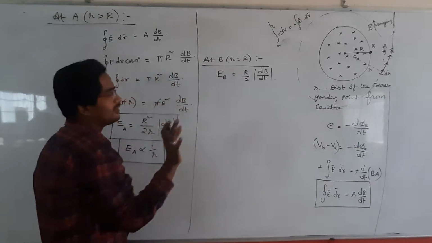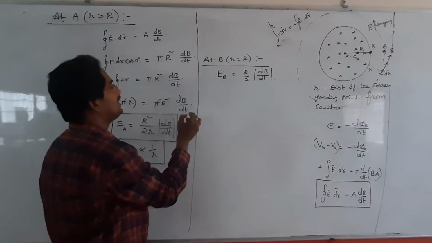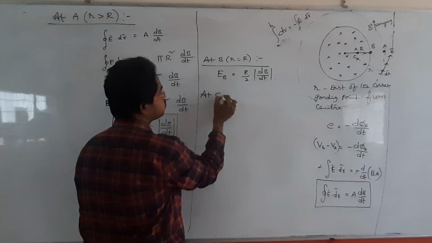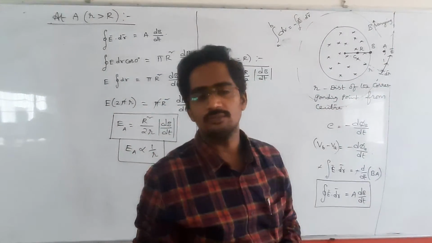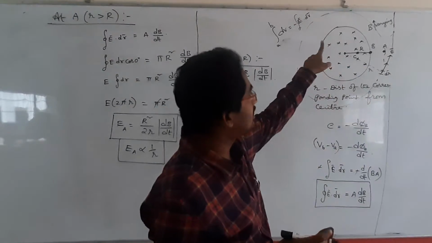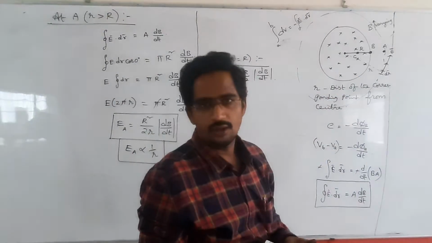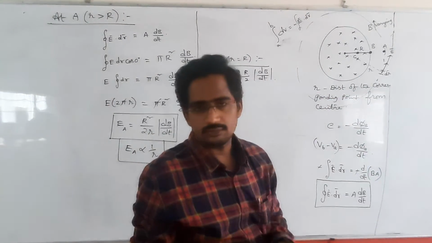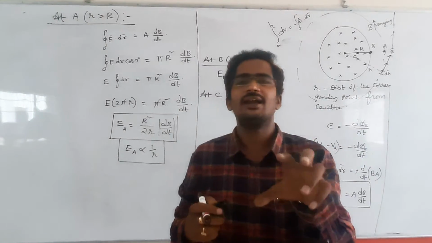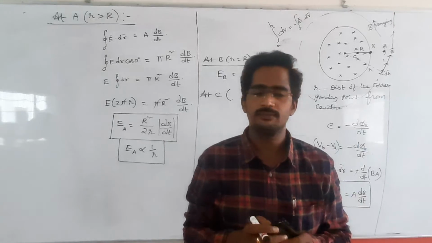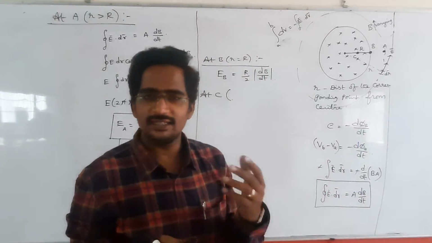So point B is over. Come to the point C. C is inside the cylindrical volume, or inside the circular region, or inside the magnetic field. A is outside the field, B is exactly on the edge of the field, and C is inside the field.